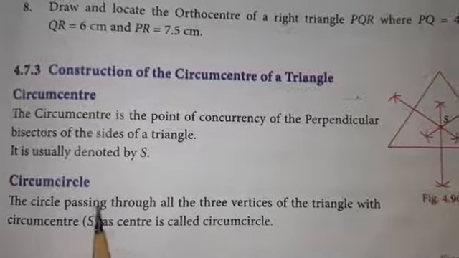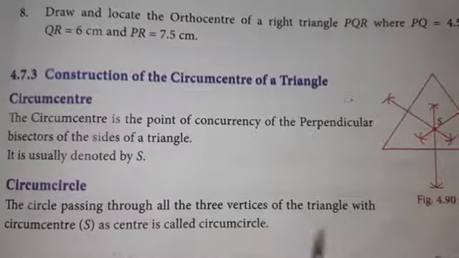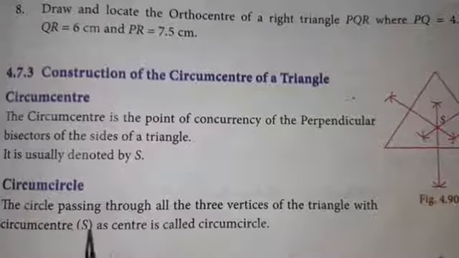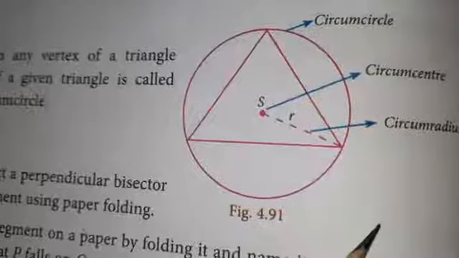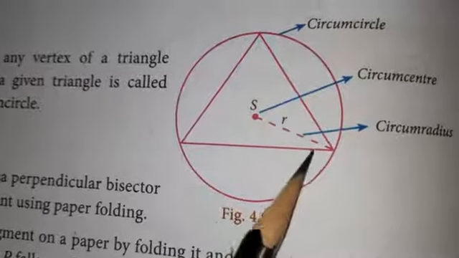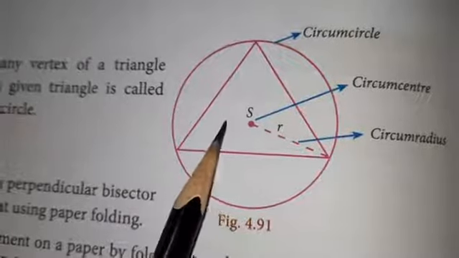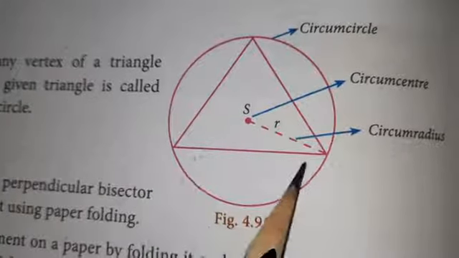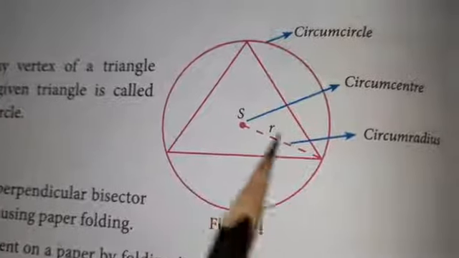Circumcircle. The circle passing through all the 3 vertices of the triangle, with circumcenter S as the center, is called a circumcircle. Here see this picture. In a circle you have a triangle. The triangle's 3 vertices touch the circle. So this is a circumcircle.